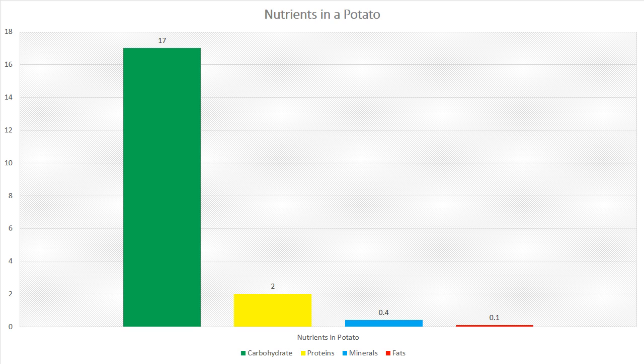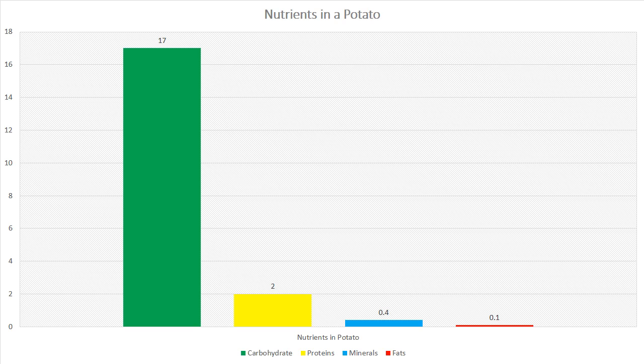This is a bar graph of all the nutrients that are present in potato. Here, every colored bar represents the amount of one nutrient. As you can see, the green bar represents carbohydrates. The yellow bar tells you the amount of protein.